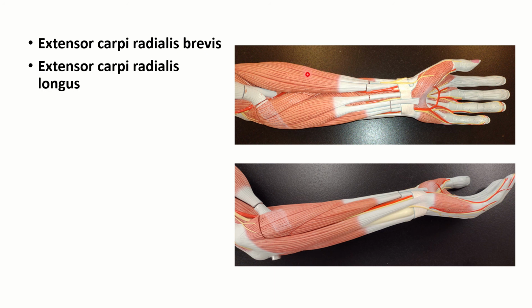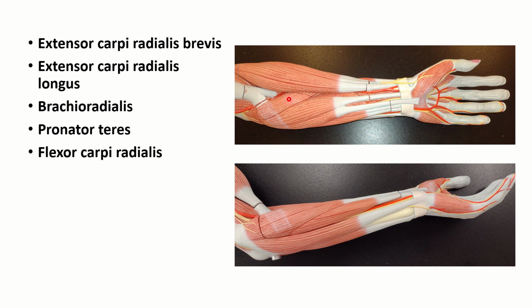And then you have the extensor carpi radialis longus, brachioradialis, pronator teres, flexor carpi radialis. Always look at the thumb. So the way the thumb is, this is lateral, so this is radialis located that way. So the medial side is the ulnaris one, because the ulna is located medially.